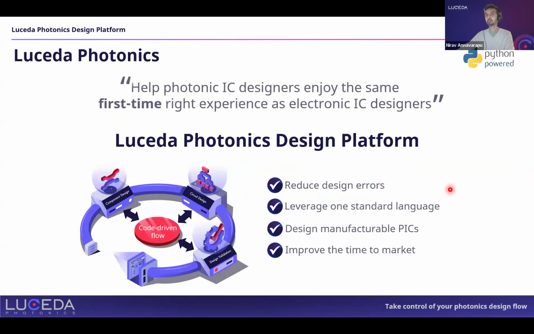The way we aim to achieve our goal is through the photonics design platform, which is a comprehensive Python-driven design platform that leverages the flexibility and automation of code to take you all the way from component design through circuit design and design validation. You can do parametric layout of your components and associate a numerical model to it to describe its interaction with your light.